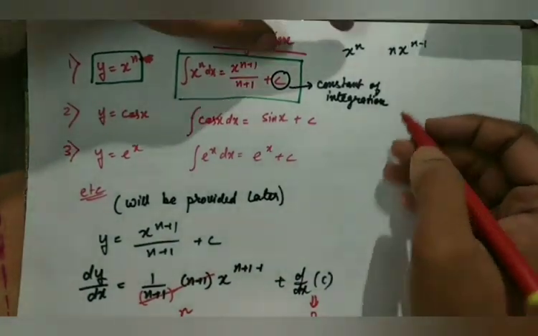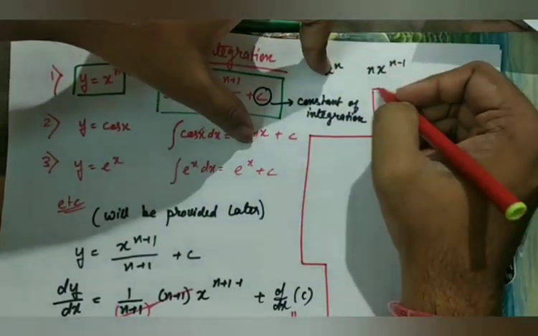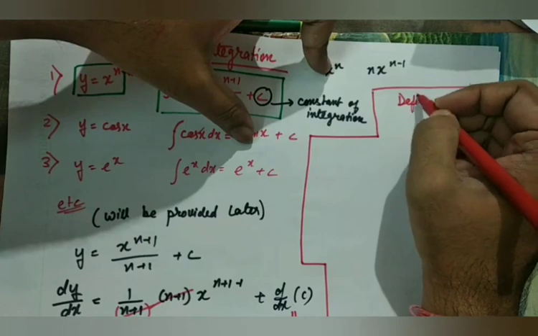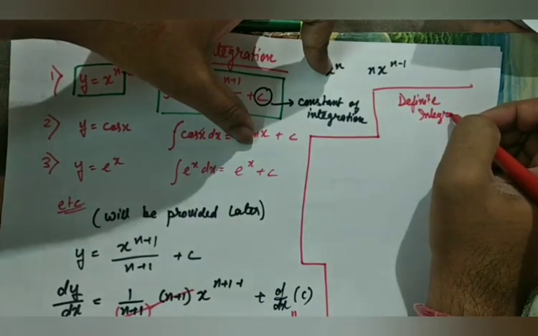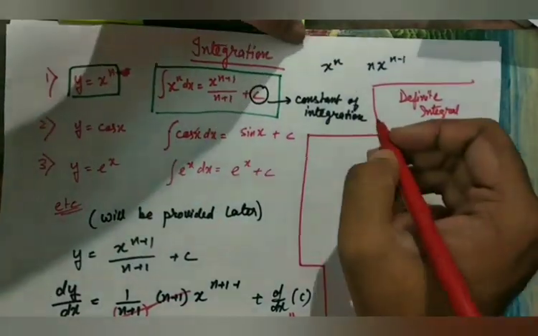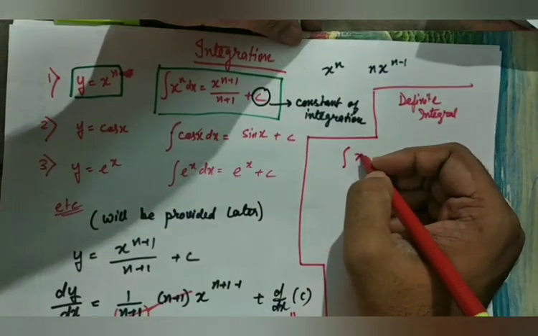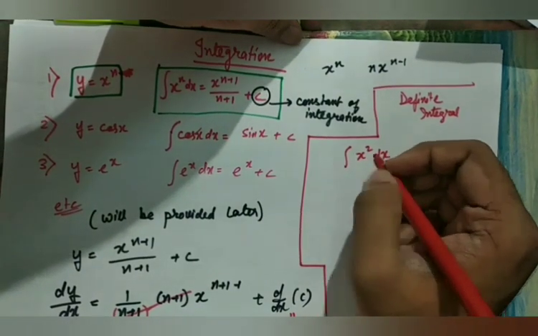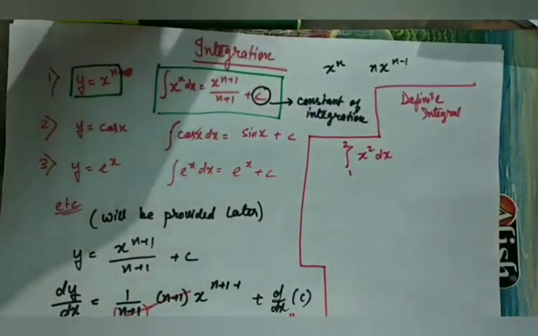Now let me show you an example of how to solve a definite integral. Integration of x square dx from x equals 1 to x equals 2.